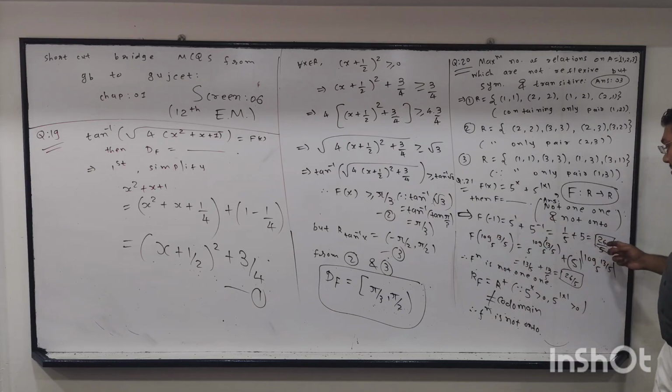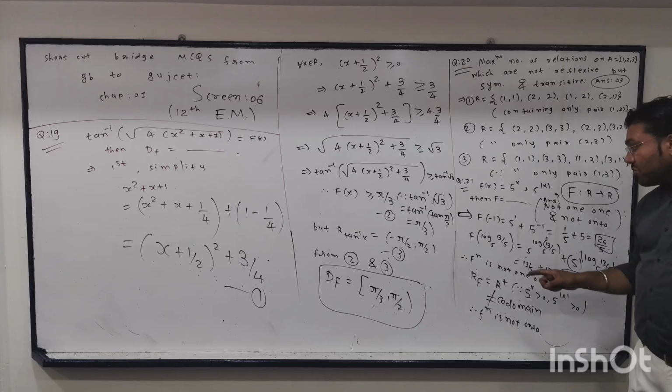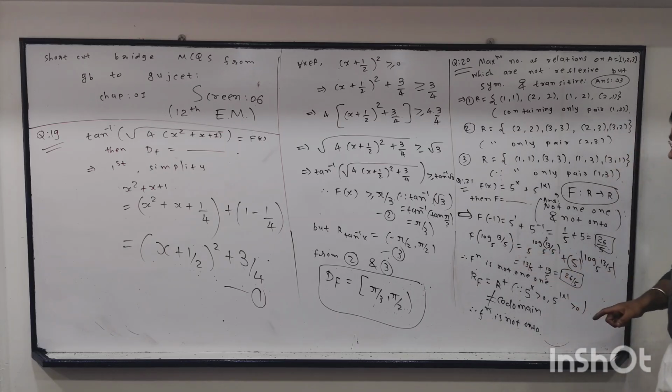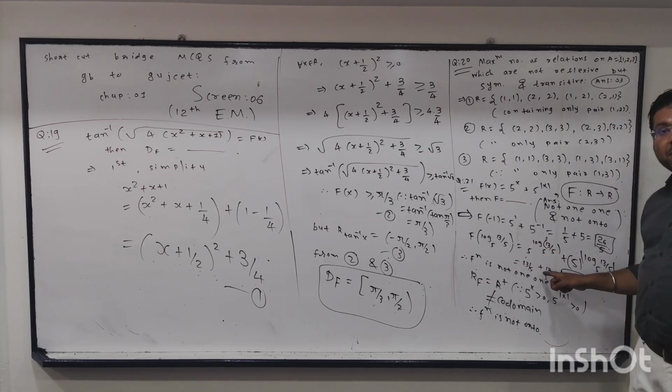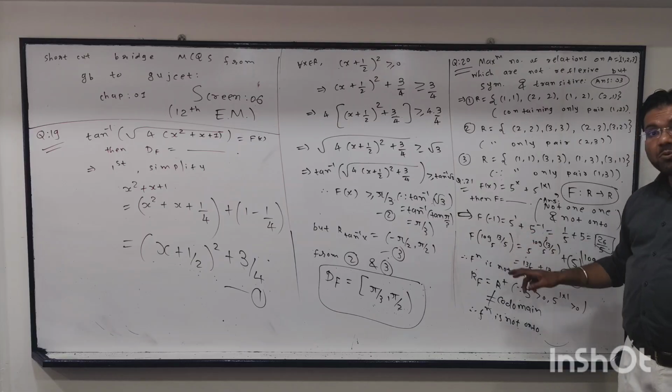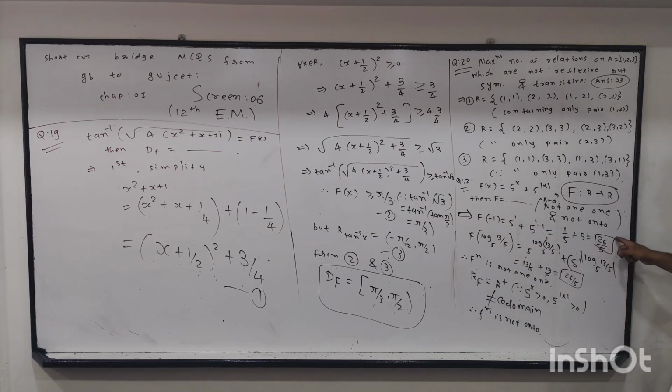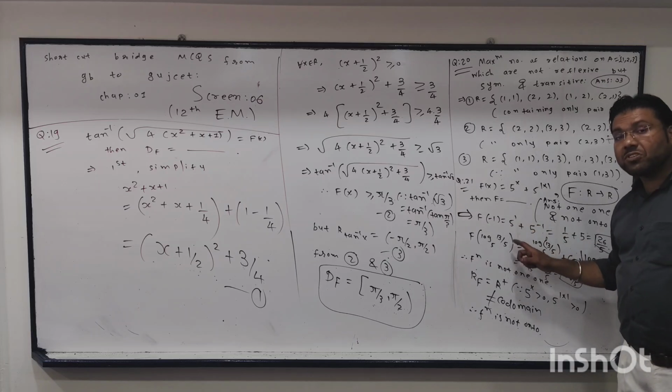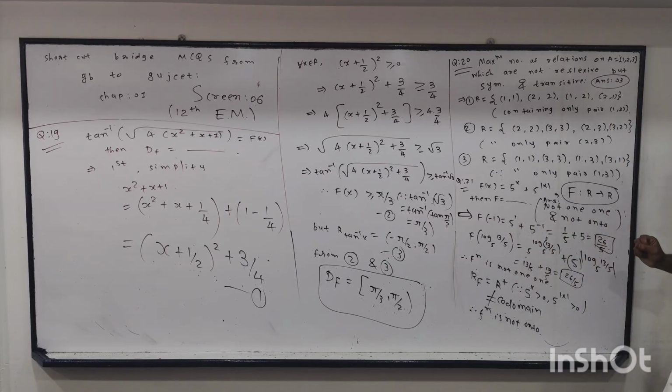So f of minus 1 is 26 by 5, and f of log 13 by 5 base 5 is also 26 by 5. So these are two different elements having one image, 26 by 5. So it is a many-one function and not one-one.